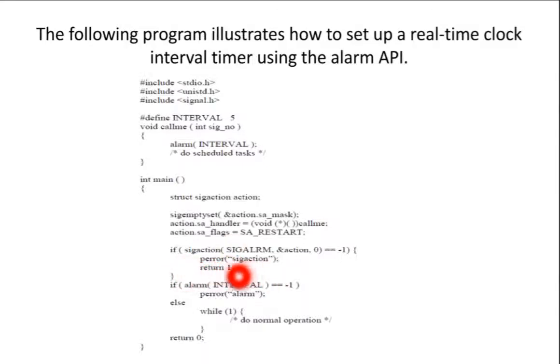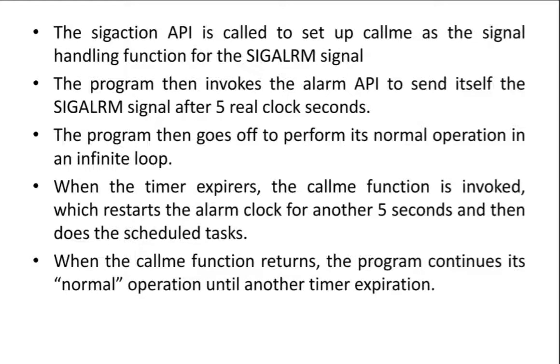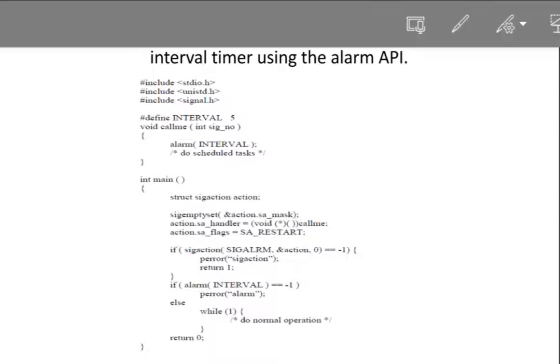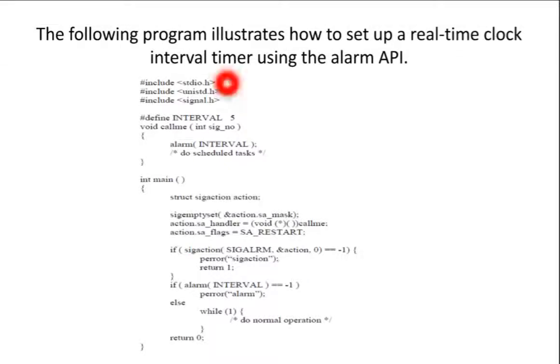Hope you are understanding. When the timer expires, the callme function is invoked, which restarts the alarm clock for another 5 seconds and then does the scheduled tasks. When the timer expires, the callme function is again invoked, and again it is going to do the scheduled tasks.